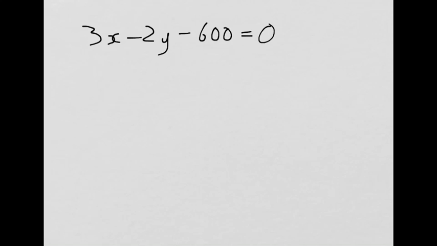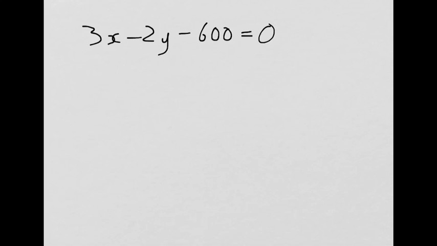So we have the equation 3x minus 2y minus 600 equals 0. Where x is how many balls have been thrown, y is the amount of money they've made in profit.